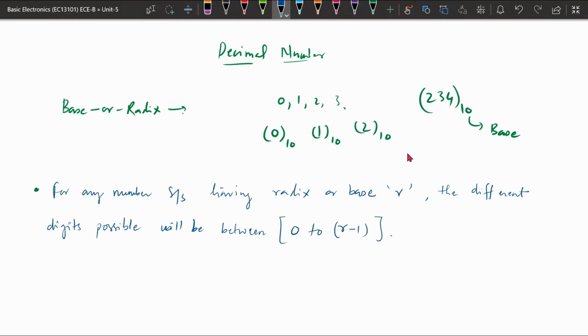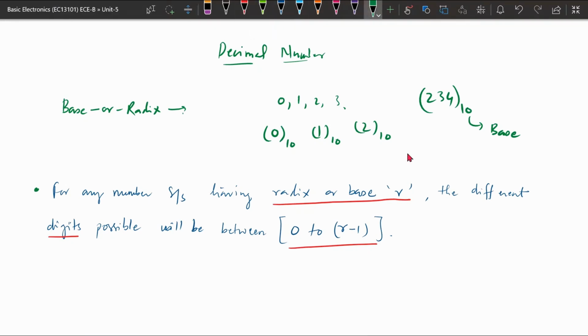That means if a number system has a base or radix r, its digits will be in the range of 0 to r minus 1.